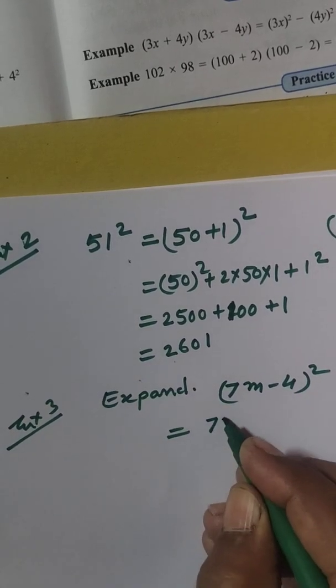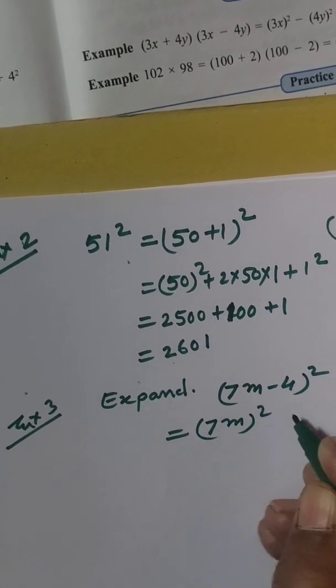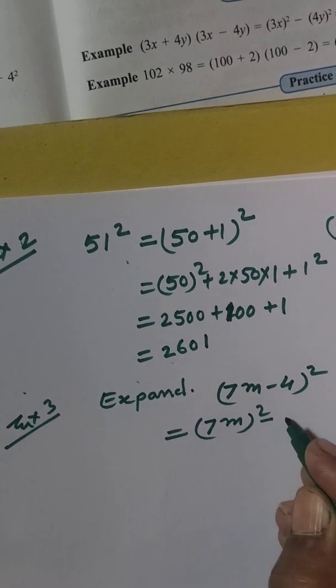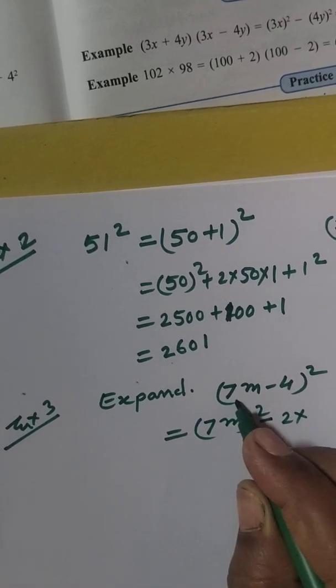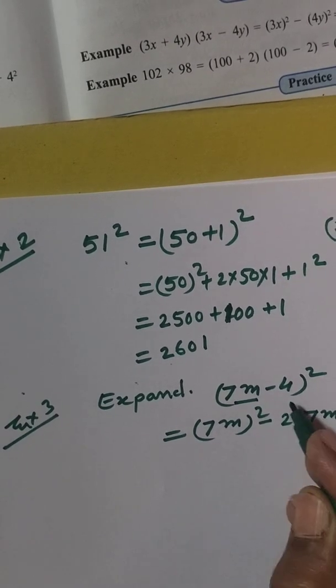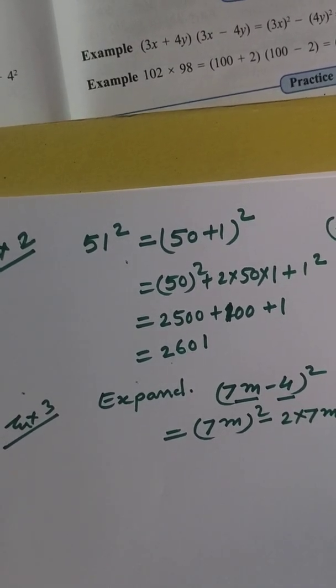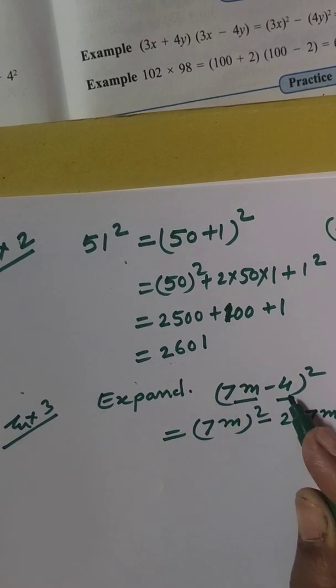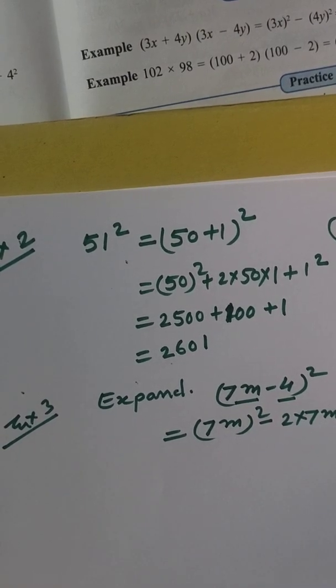Then here is 7m square minus 2 into first number 7m into second number 4 plus 4 square.